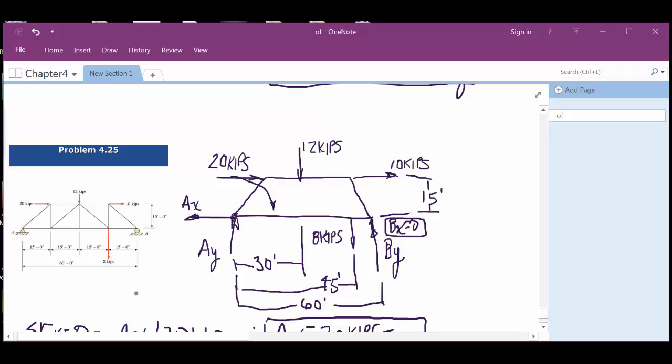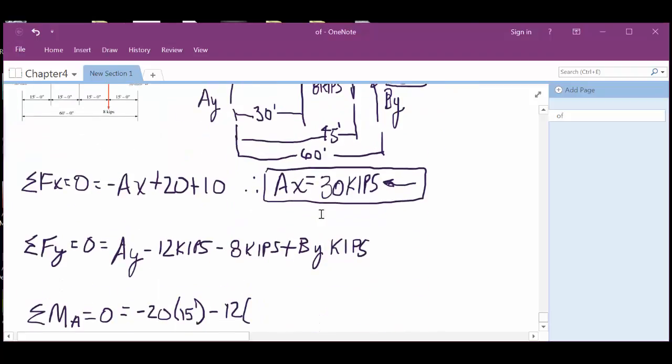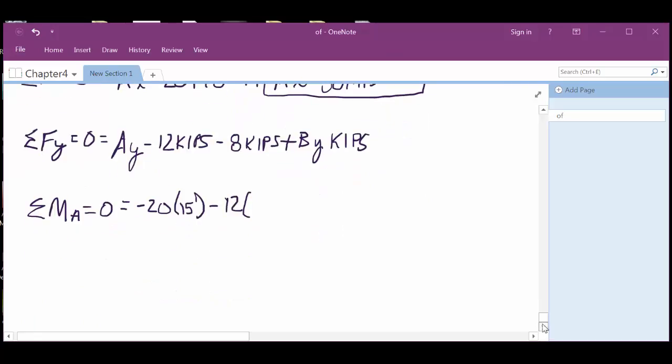Which means it's going to be going clockwise, which is negative. Same thing's going to occur with the 10 out here. You know, it's that law of transmissibility. So if you had that point right here, you had this 10, and you just take off, it's going to be the same way. The 12, making this whole thing spin clockwise. The 8, making it spin clockwise. BY, making it spin counterclockwise. Okay? For some reason, people sometimes have a hard time with that. That's why I felt like it was important to go back over that again.